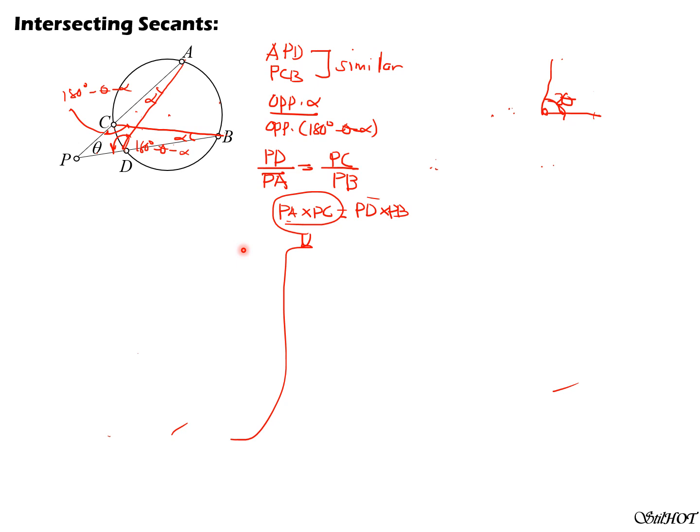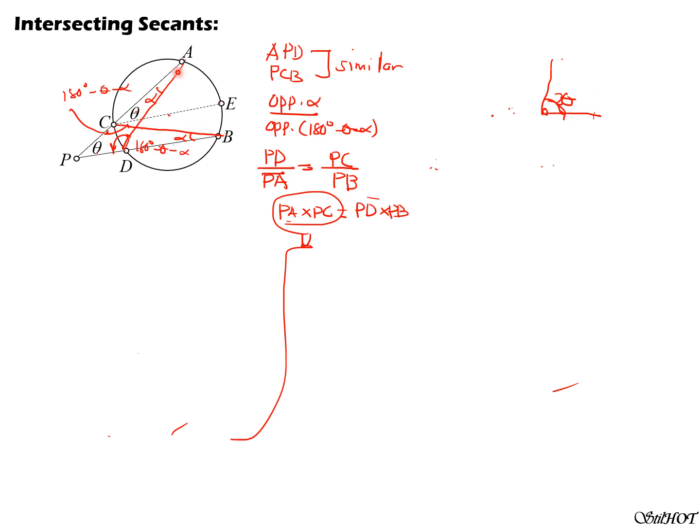So by principle, we draw a line parallel to DB first through C, so that the measure of this angle is also theta. The angle ACE is theta, because this is just parallel to that secant.